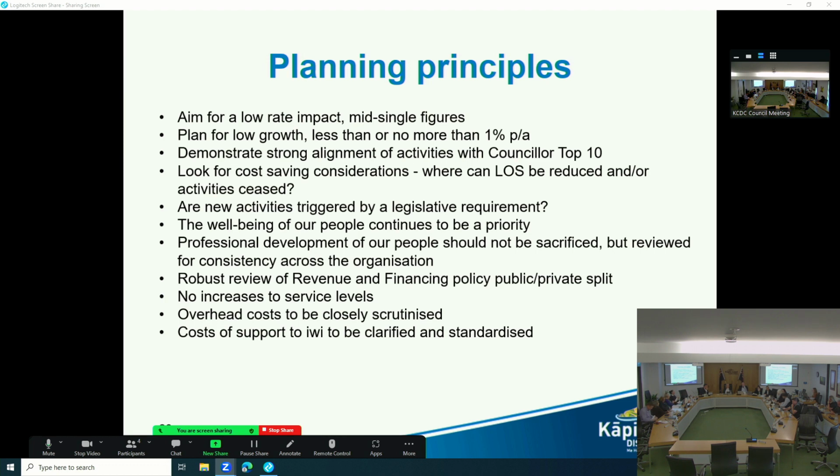You're never probably going to get the whole way there, but it's a model I think really worth considering. So I'd like to get some advice on that, as long as it's not war and peace, just to see if that's possible in this organisation, because I know the imperatives at Greater Wellington were different than here in terms of those assets.